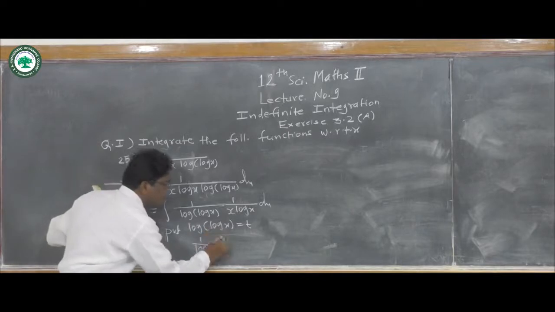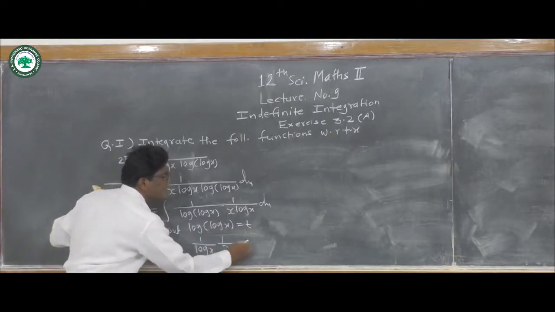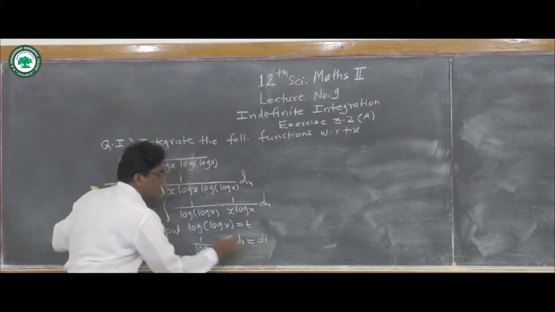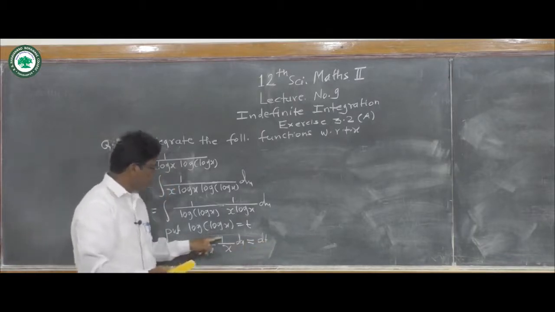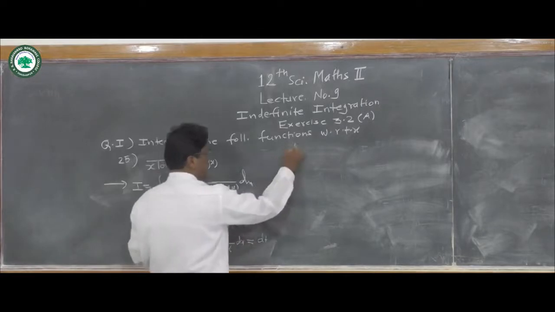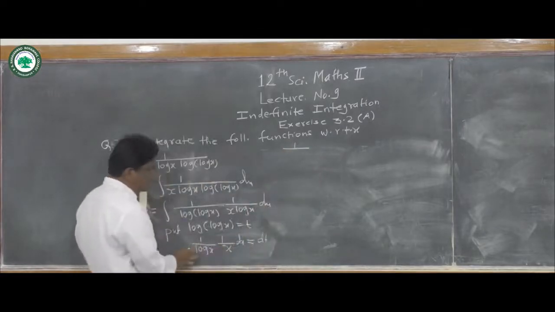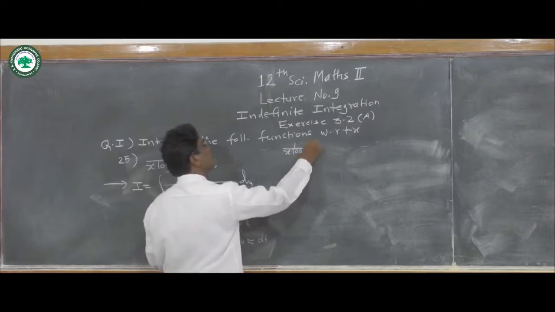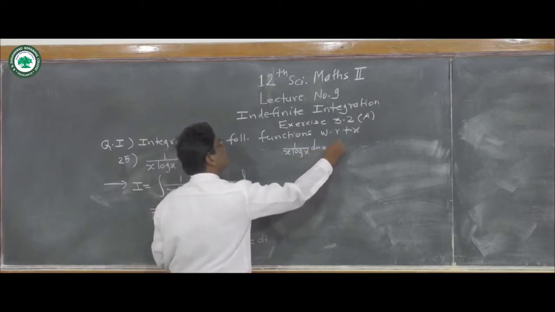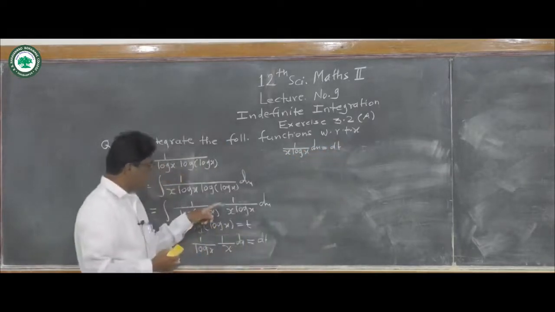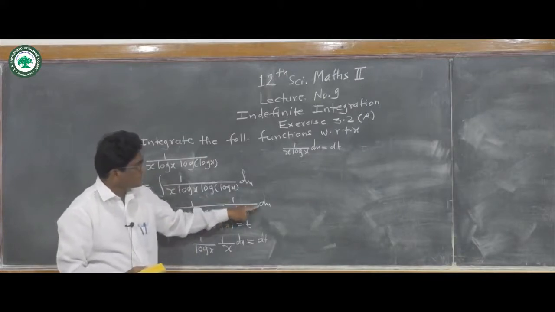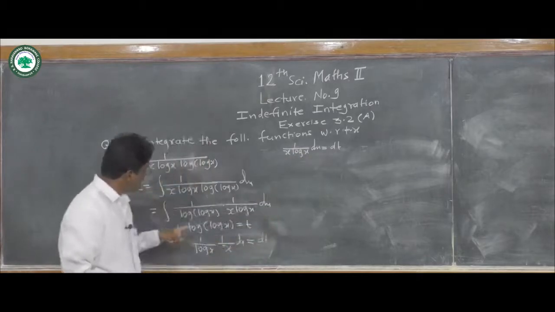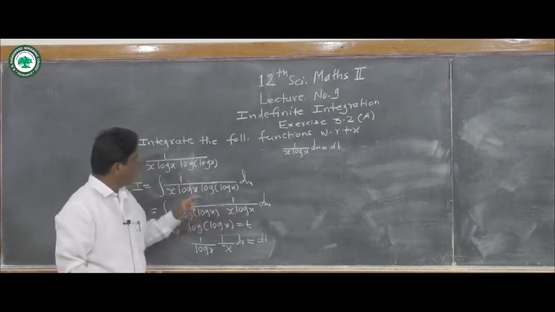The derivative of log x is 1 upon x. The right hand side is dt upon dx. Now 1 into 1 is 1. So 1 upon x into log x dx is equal to dt, and so in the problem there is 1 upon x log x dx which we replace by dt, and this denominator by t.